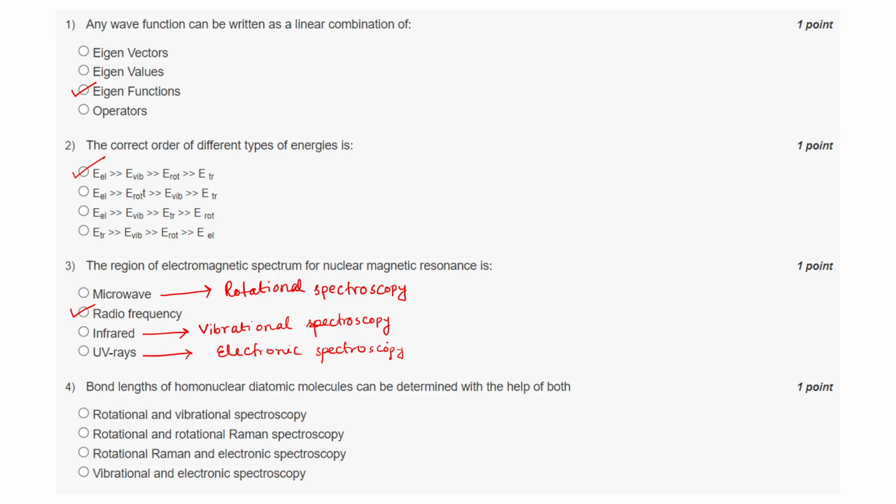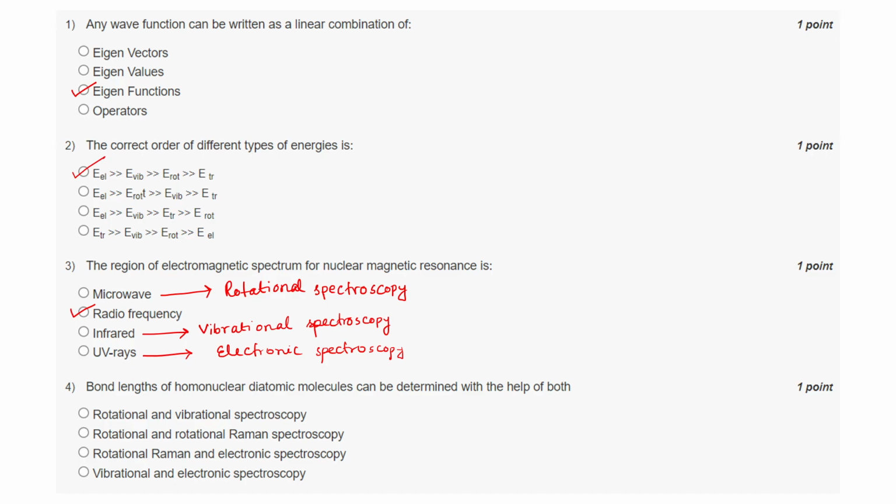So question number four: the bond lengths of homonuclear diatomic molecules can be determined with the help of both rotational and vibrational spectroscopy, rotational Raman and electronic spectroscopy, and the fourth option is vibrational and electronic spectroscopy.